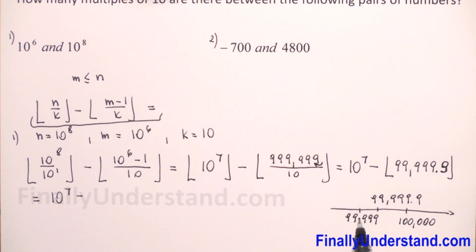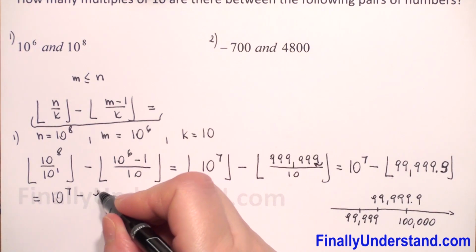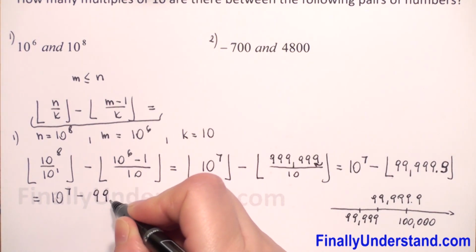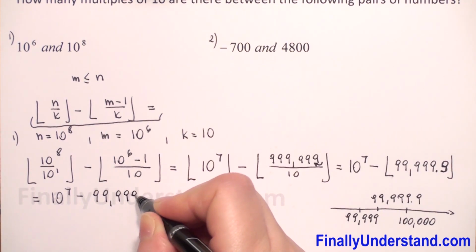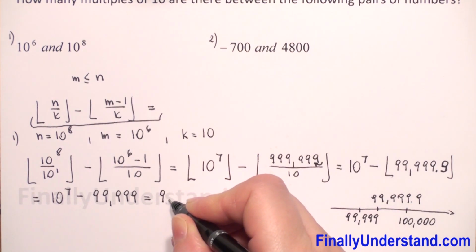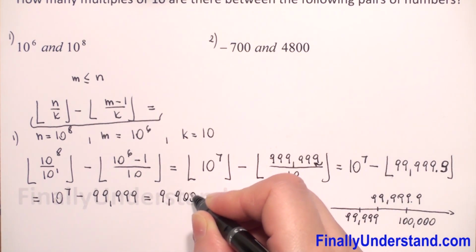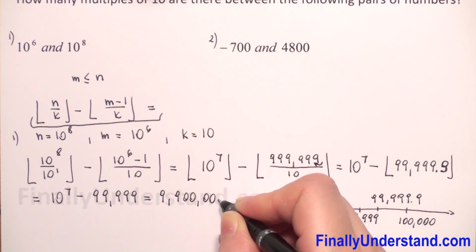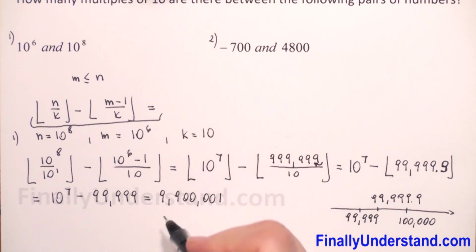So the largest integer less than this number is 99,999. So we have minus 99,999. So this is equal 9,900,001. This is my solution to the first example.